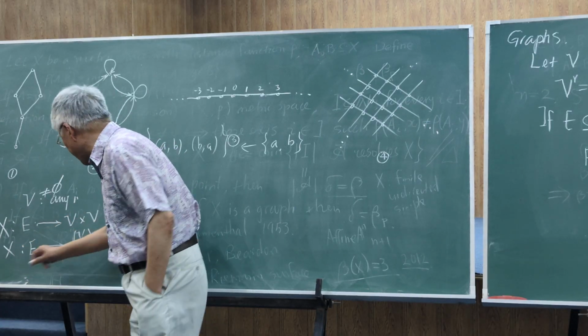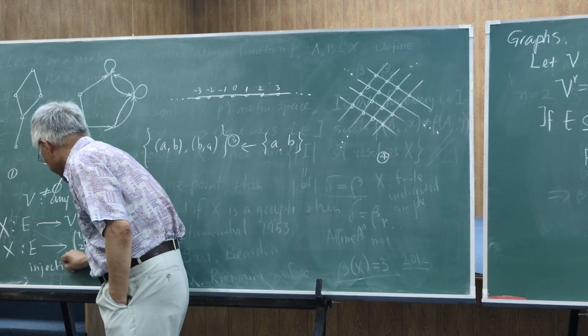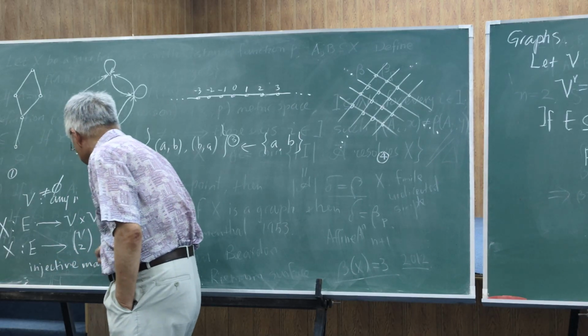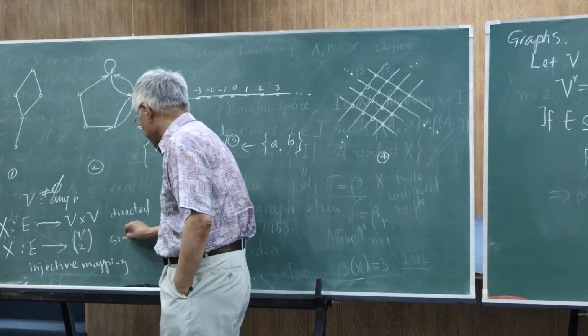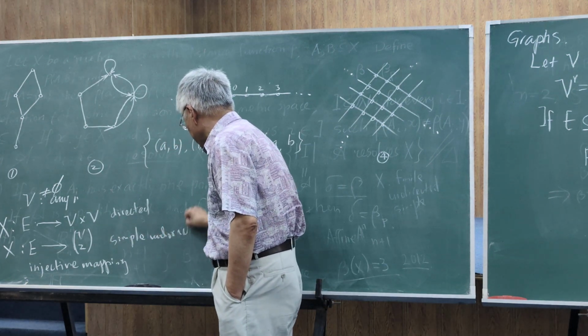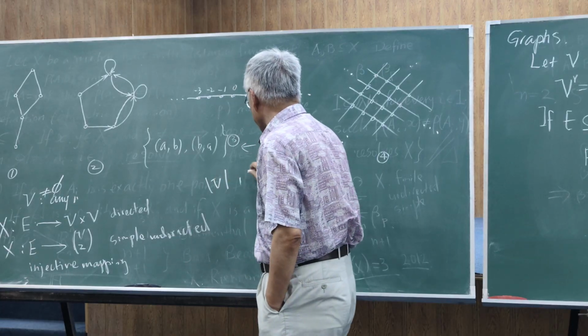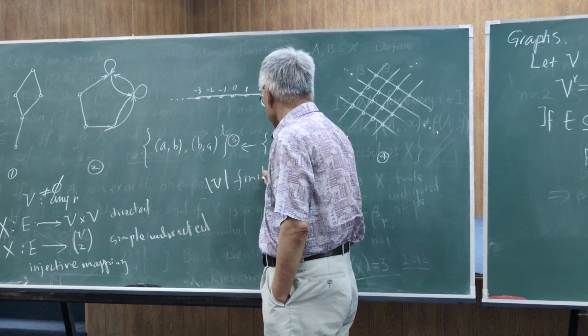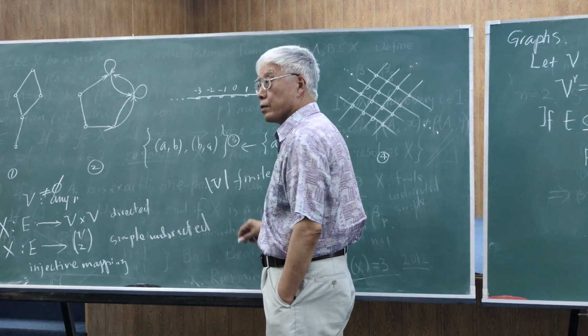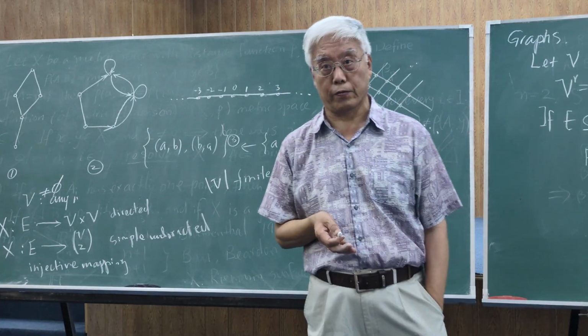So if X is injective, then it is simple undirected. Injective marking: simple undirected. If V is finite, then X is a finite graph. If V is not finite, then it is an infinite graph.